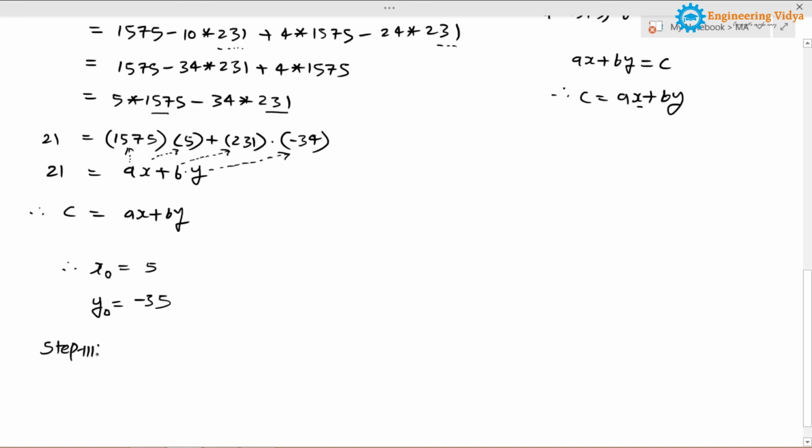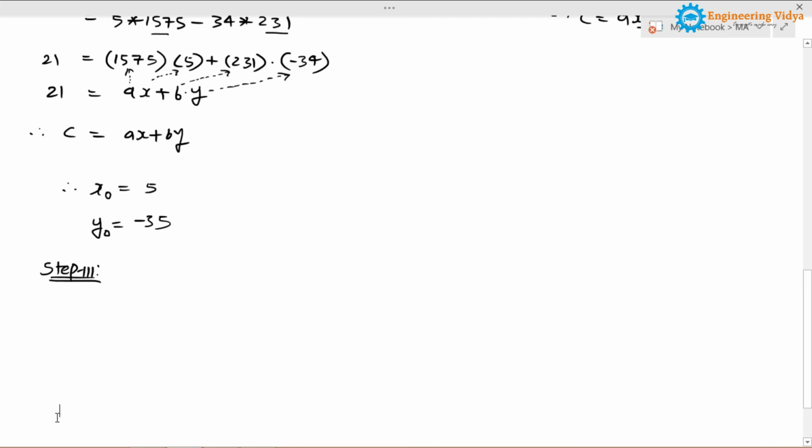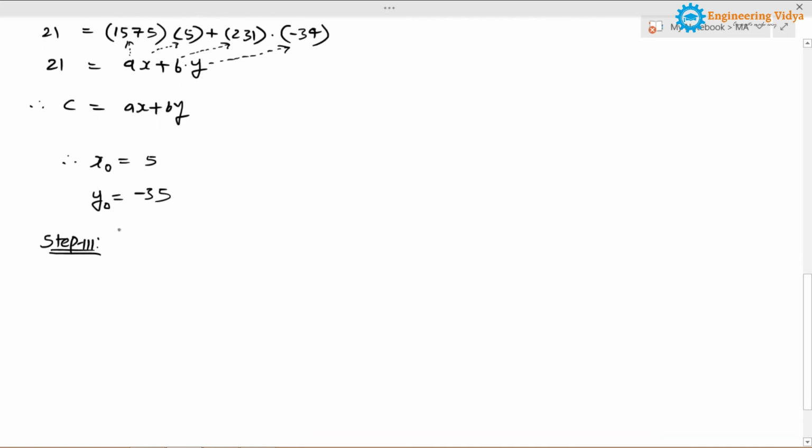Since the formula is very simple, it says that if you want to calculate x, the formula for x is x0 plus b upon d into t, and the formula of y is y0 minus a by d into t. Now we'll go to the values.